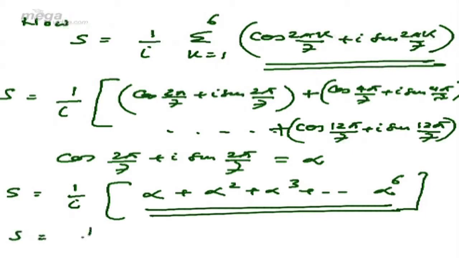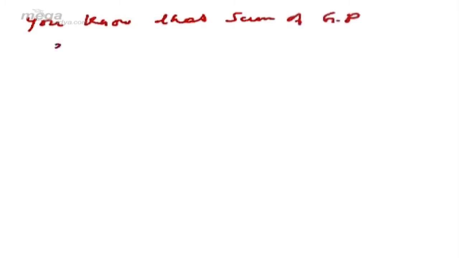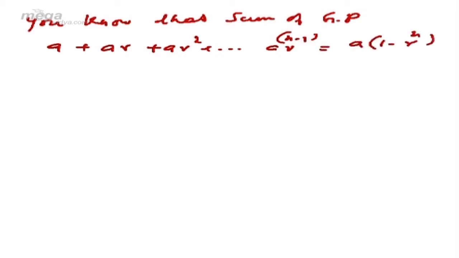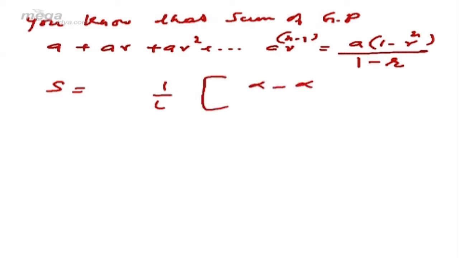The sum of the GP is given by the formula: a plus ar plus ar square till ar to the power n minus 1 equals a(1 minus r^n) divided by (1 minus r). So S equals 1 by i times (alpha minus alpha to the power 7) divided by (1 minus alpha).